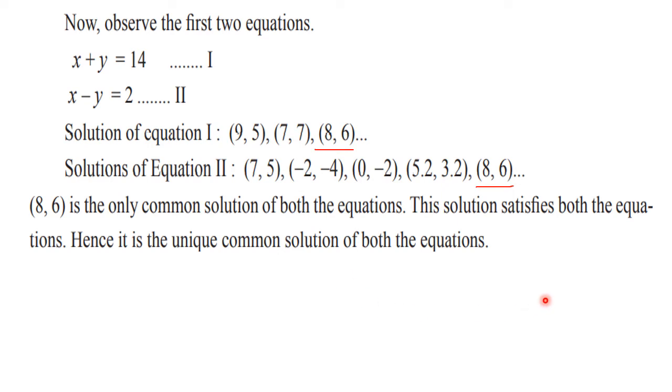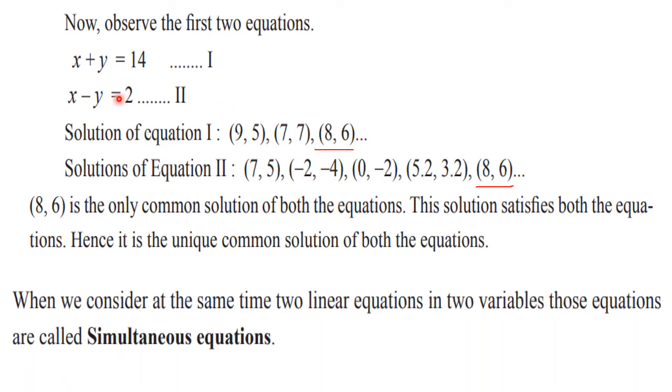Such two equations, when we consider two linear equations at the same time, are called simultaneous equations. Simultaneous means at the same time. Now what is important here is that the variables should be the same.